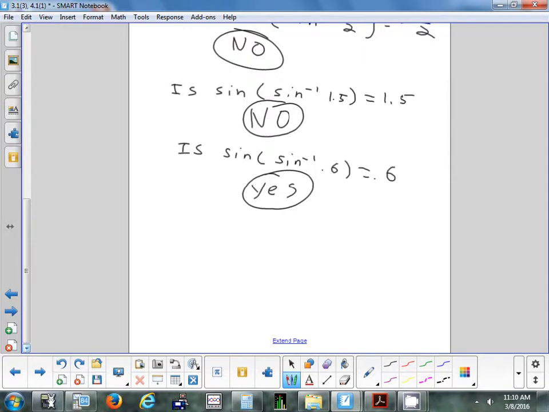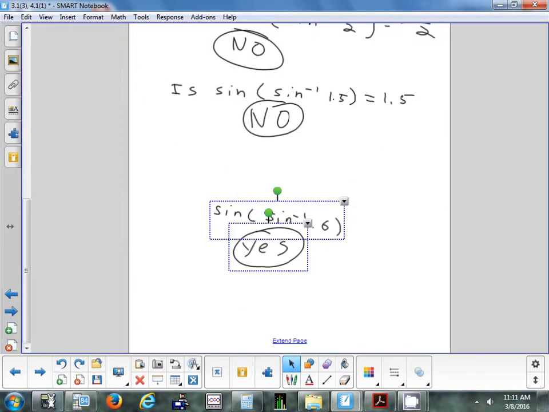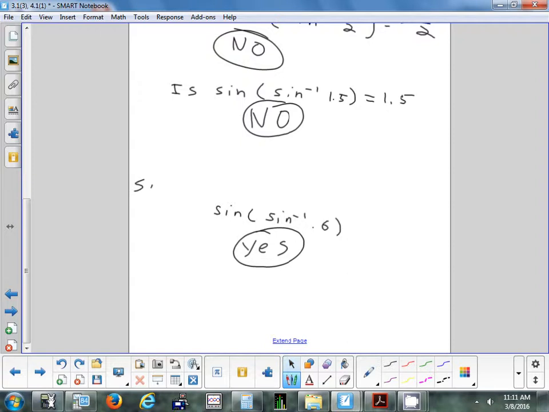Another way you could see it worded is something like this. Instead of the word is, it could say simplify. If it says simplify, don't write yes.